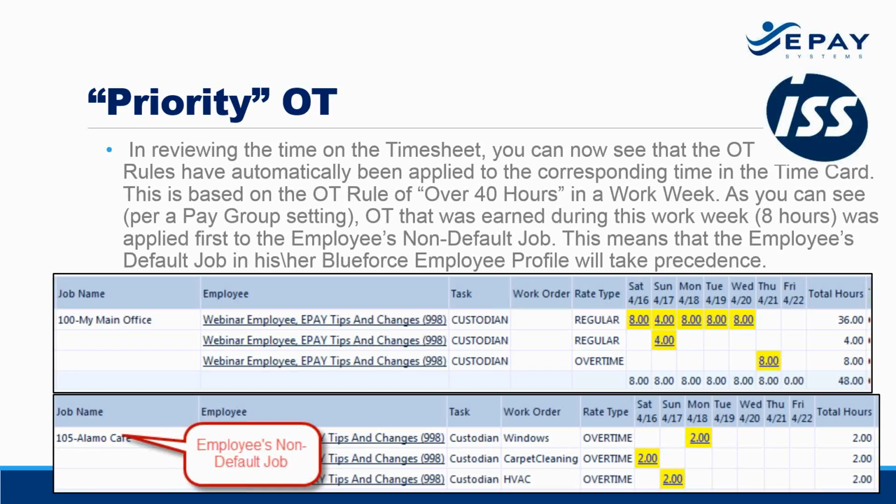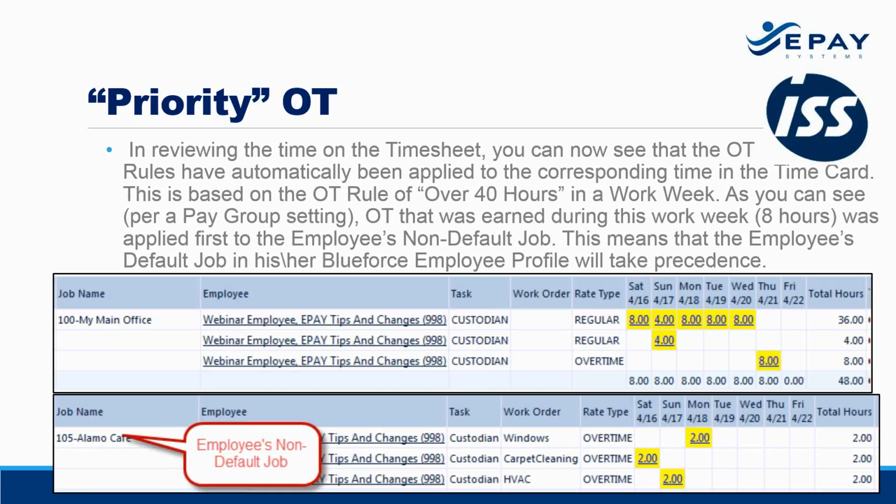As the system approached that 40-hour rule for this employee's pay group, the system realized that the total amount of overtime in this case was 14 hours. So 6 hours to the non-default job, the remaining 8 goes to the default job. This is just because the priority job setting is in place and drives where priority should be given for that overtime.